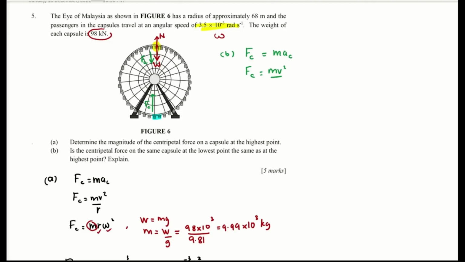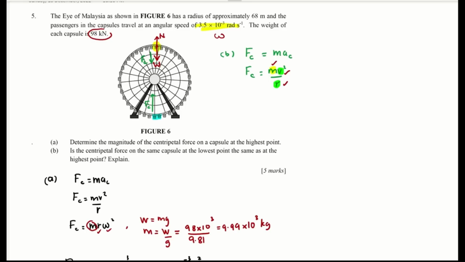So we can see here that the centripetal force depends on the mass and also v, which is the speed, and also the radius, where all the values here are constant. The mass, the speed or the angular speed, which is omega, or r, are all constant.